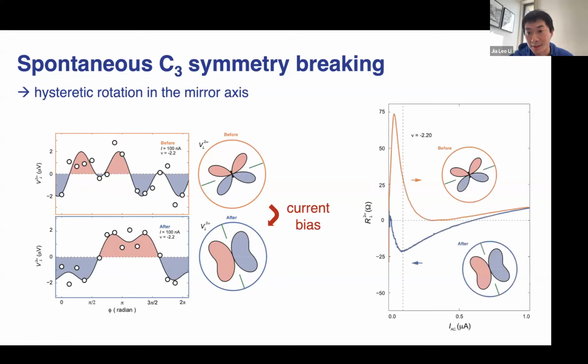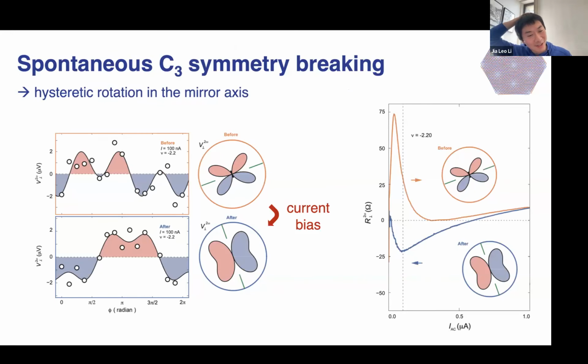And this actually gives rise to a hysteresis loop that we actually did the measurement along the current sweep. What we did is that we sweep up and stop here and do an angular-dependent measurement, and go all the way up and come back, stop here and do an angular-dependent measurement, right? That reveals that there's this hysteresis.